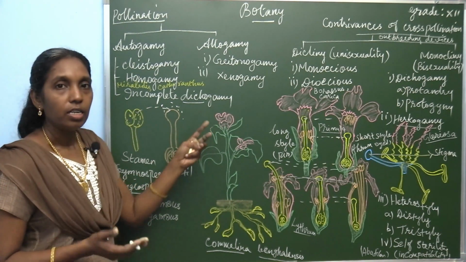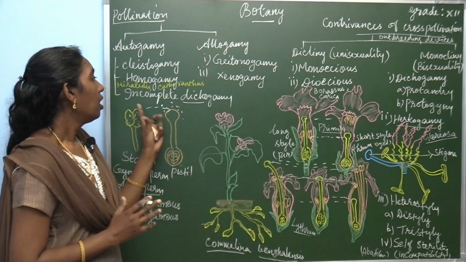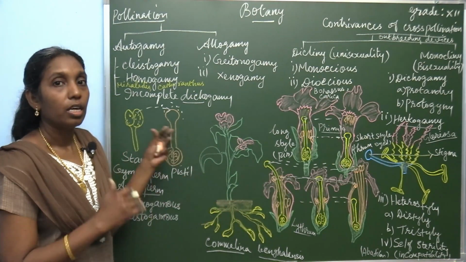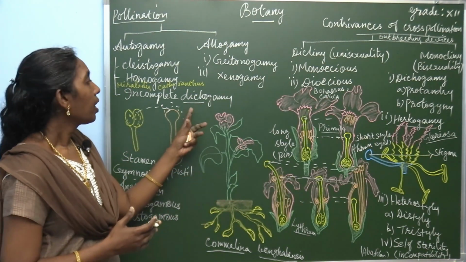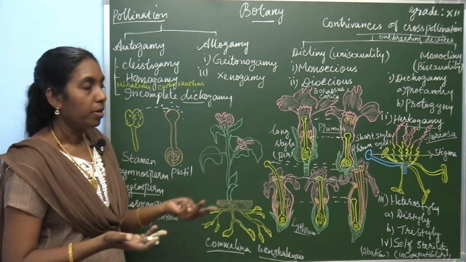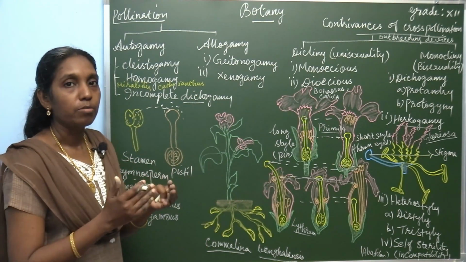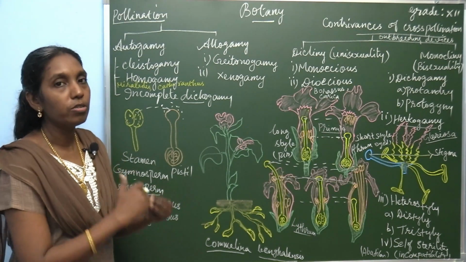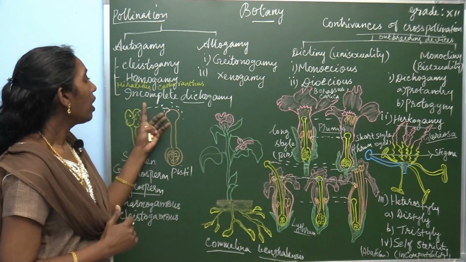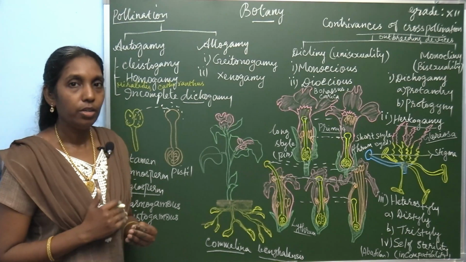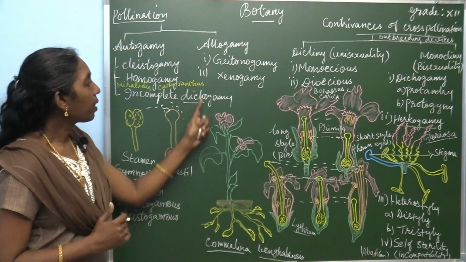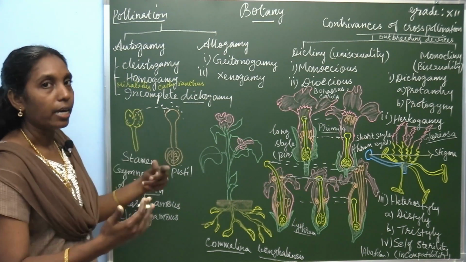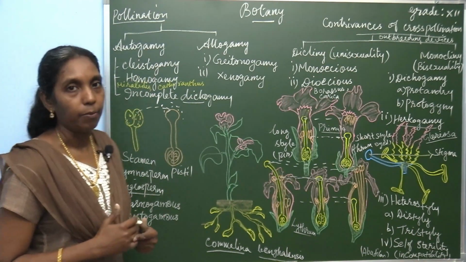Sometimes it is incomplete dichogamy, where there is an overlapping of the androecium and gynoecium maturation, which promotes self-pollination. That is called incomplete dichogamy. So, these three mechanisms or adaptations are the types of autogamy.